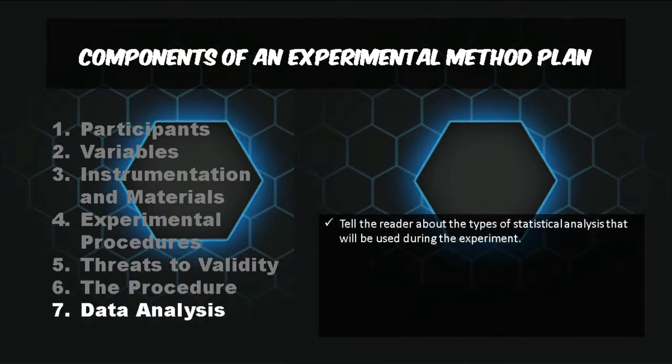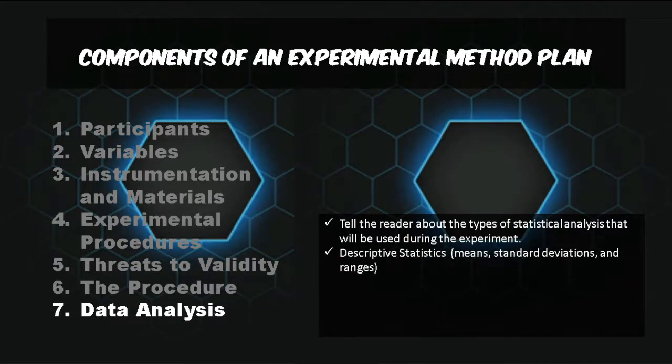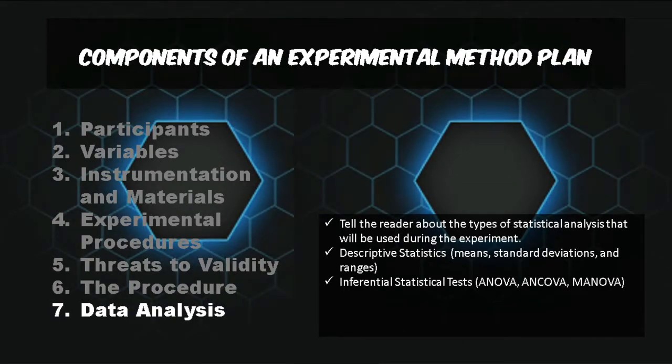Data analysis, these are quantitative designs, so we expect that there will be statistical analysis involved here. It could be descriptive statistics. Descriptive statistics includes your means, the computation of the measures of central tendency, variability such as standard deviation and ranges. It could also involve inferential statistical tests such as your analysis of variance, analysis of covariance, or multivariate analysis of variance.